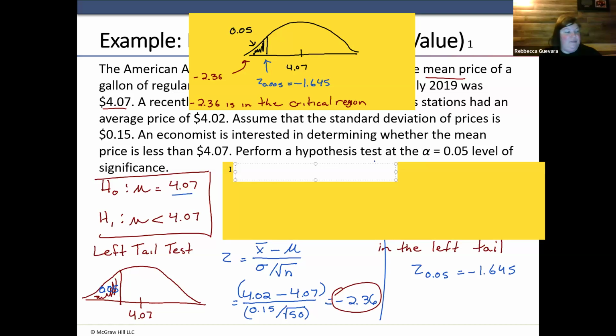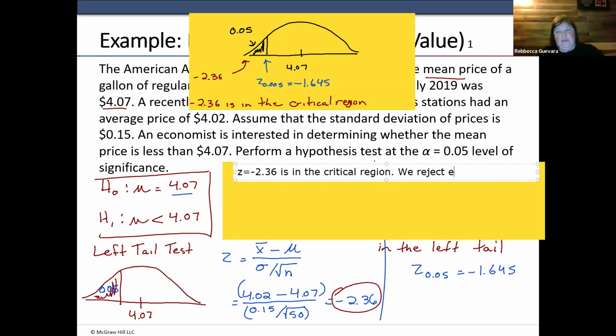So we're in the critical region. So Z equals negative 2.36 is in the critical region. If we're in the critical region, that means we reject the null hypothesis.